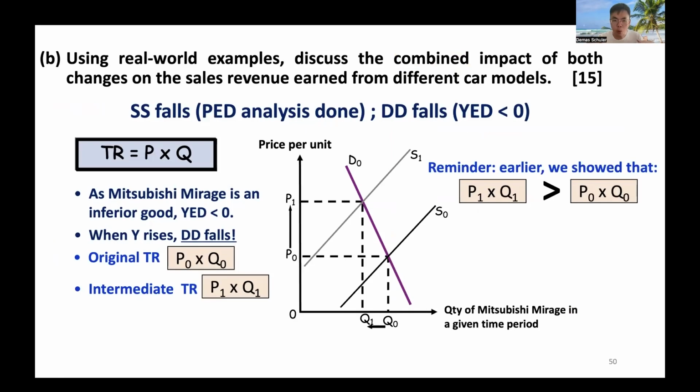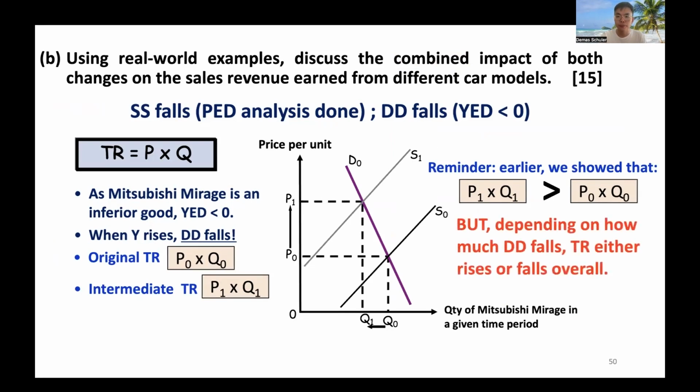So I'm not going to go over why P1 times Q1 is greater than P0 times Q0. That was done in part 3 of the series. But the crucial difference here is that depending on how much demand falls, total revenue would either rise or fall. So case 1, demand falls slightly, and demand falls due to the rise in income because the YED is less than 0.